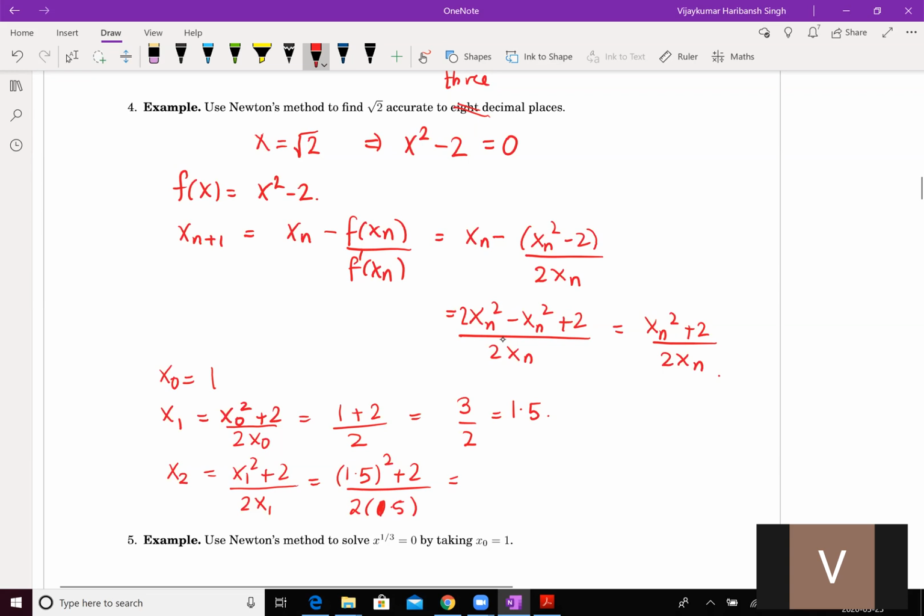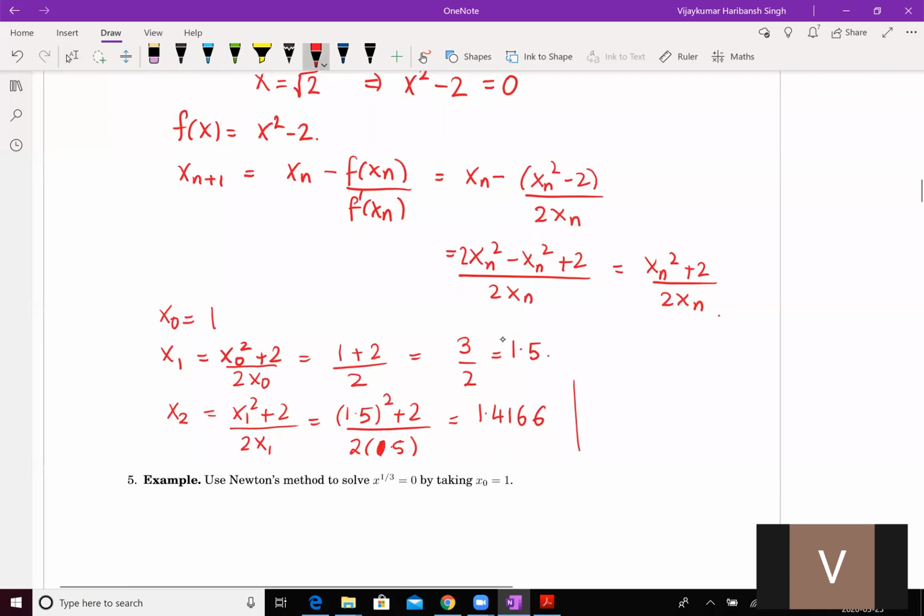So when I start with 3 by 2, my next iteration is going to be 1.41666. Okay, since I'm only looking for up to 3 decimal places, I can just worry about until here.